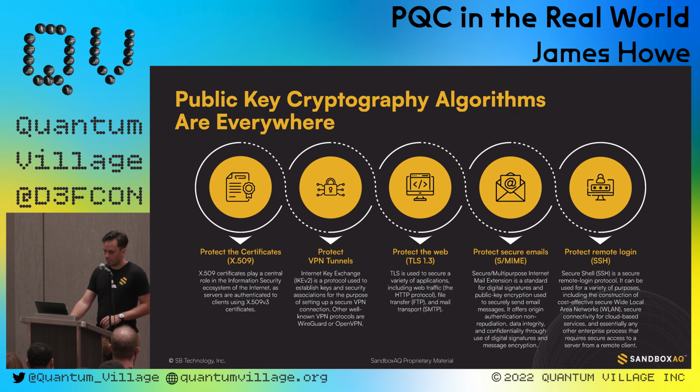But yeah, as I'm sure you know, public key cryptography is used everywhere in our day-to-day lives, on the internet, offline, on our phones, on all of our devices. So you're looking at certificates, VPNs, TLS, secure emails, SSH, all of these use cases, they need to be transitioned to post-quantum.